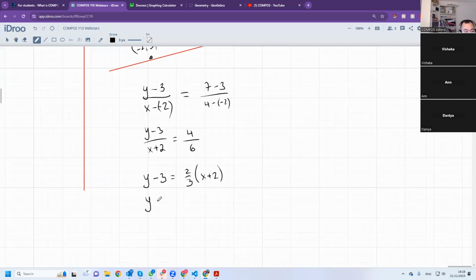So y equals 2/3 x plus 4/3 plus 3, so 4 plus 9 over 3, which is 13/3, which makes perfect sense. Y equals 2/3 x plus 13/3.